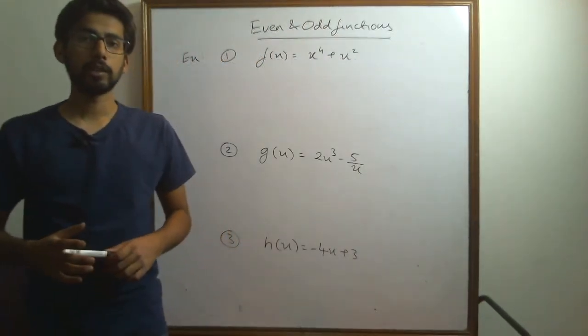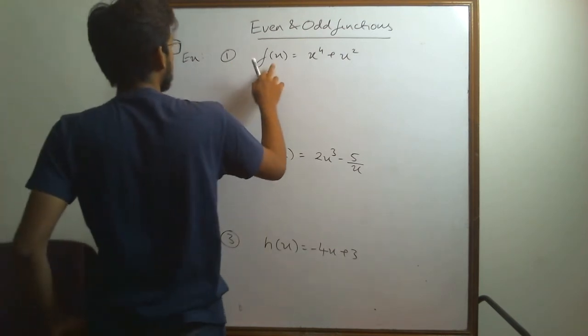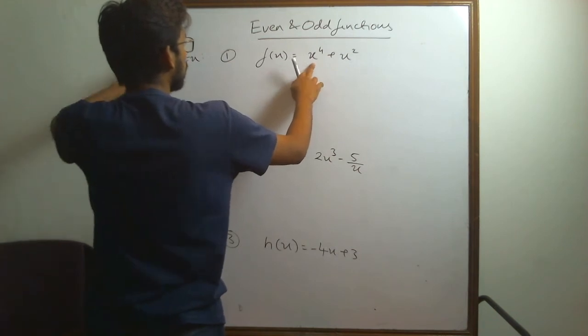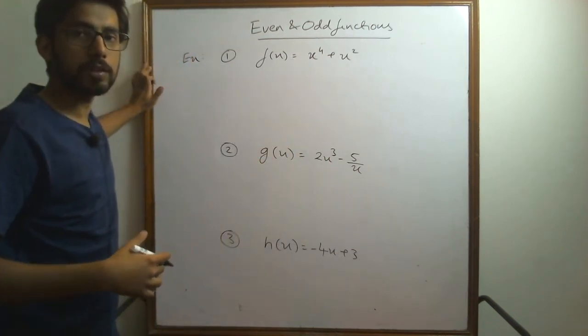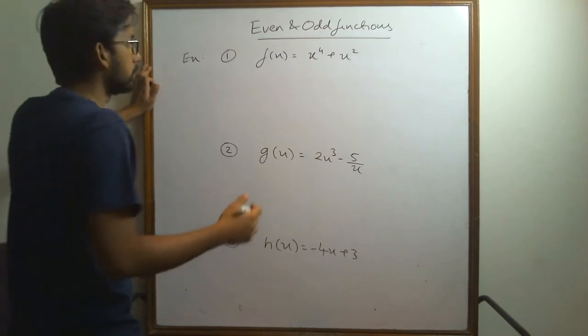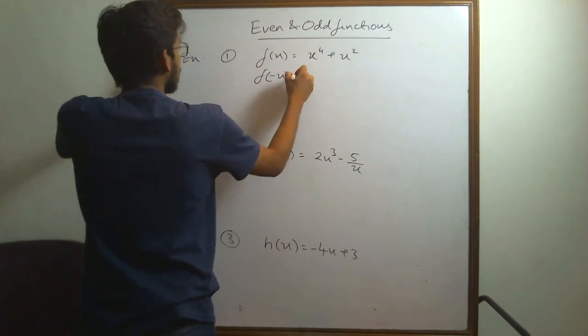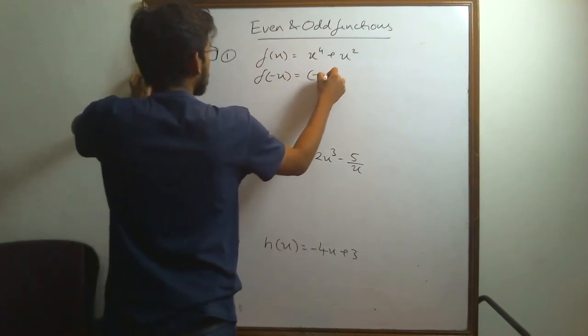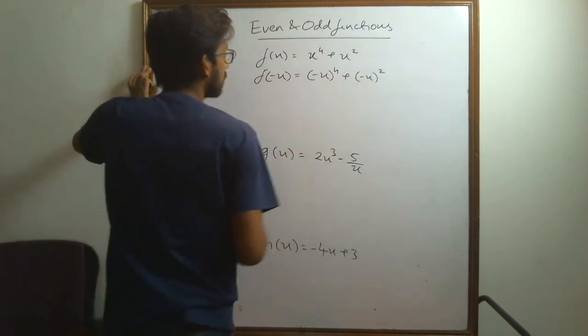Okay, now let's look at a few examples. First example, f of x is equal to x to the power 4 plus x square. Tell whether it is an even function, an odd function, or neither of them. So we find f of minus x. f of minus x is equal to minus x to the power 4 plus minus x whole square.